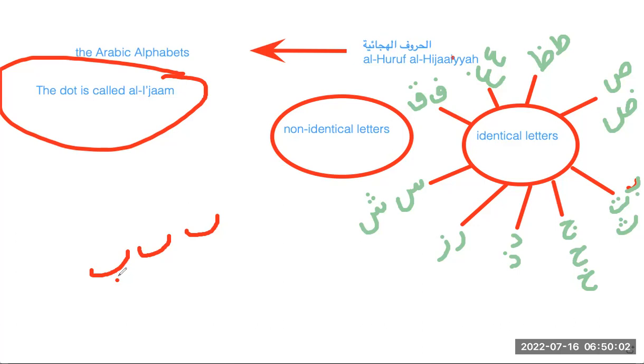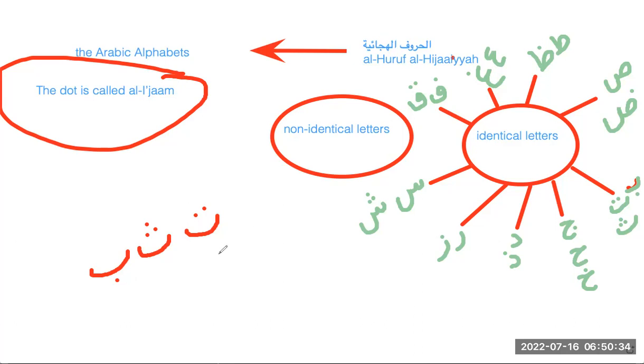What matters is where the dot is. The dot is at the bottom of the shape, and that makes it Ba. What if this has 3 dots? This will become Tha. What if this has 2 dots? This will become Ta. You can see the function of i'jam.